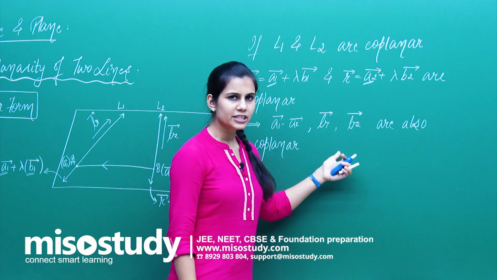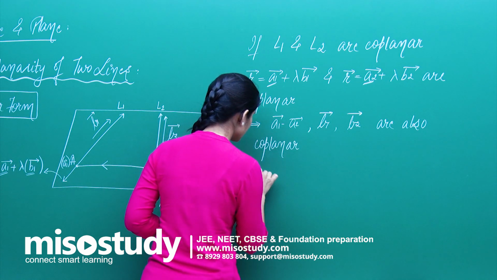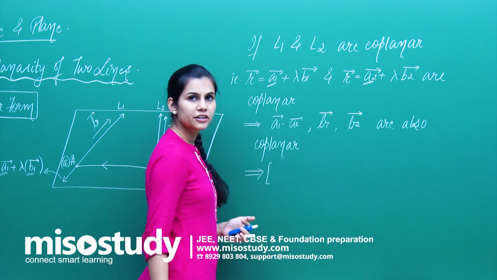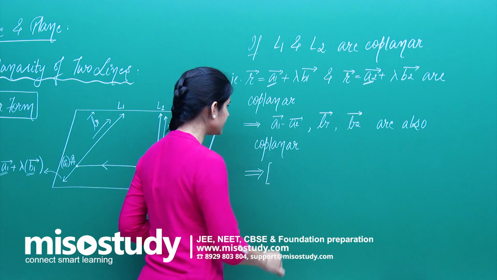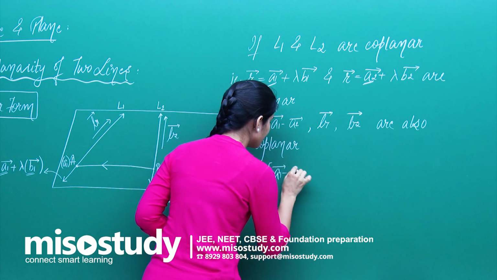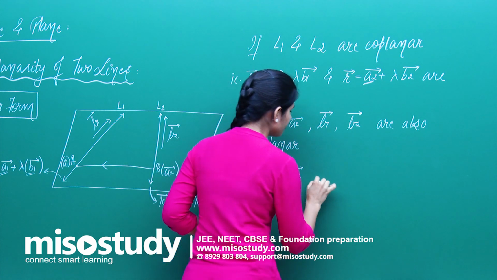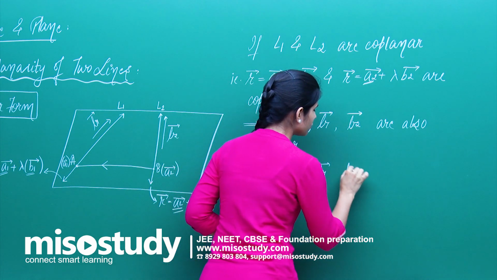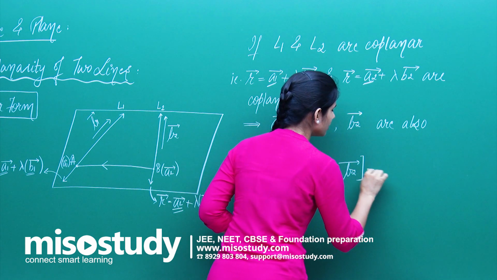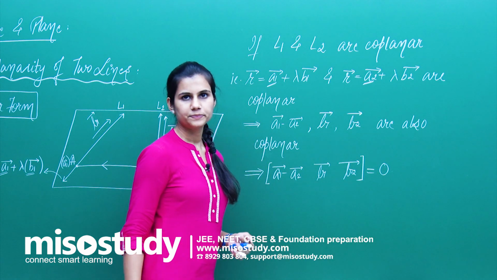You know when are three vectors coplanar? We have discussed this. Three vectors are coplanar if and only if their scalar triple product is 0. So, the scalar triple product of a1 minus a2, b1 and b2 is 0.